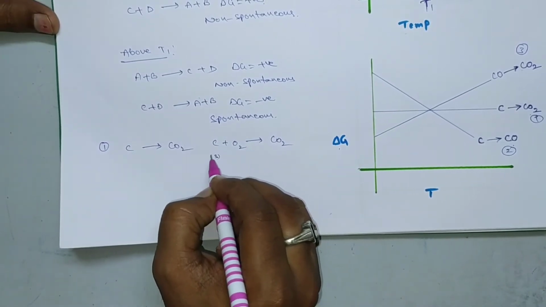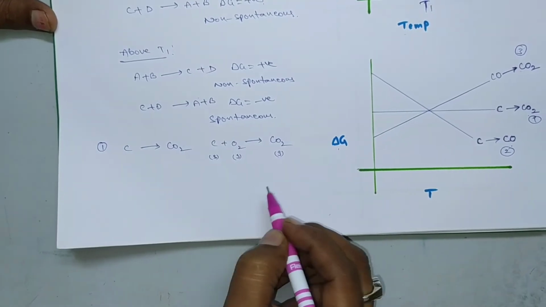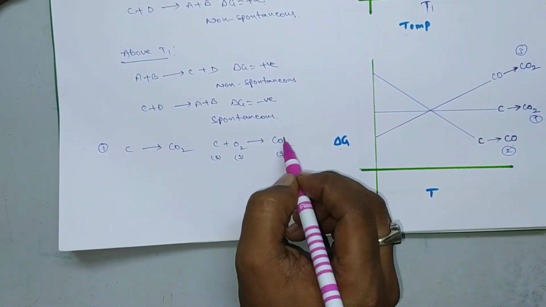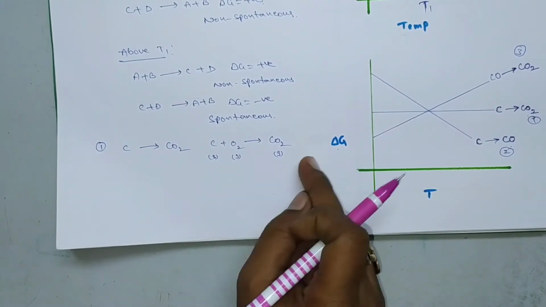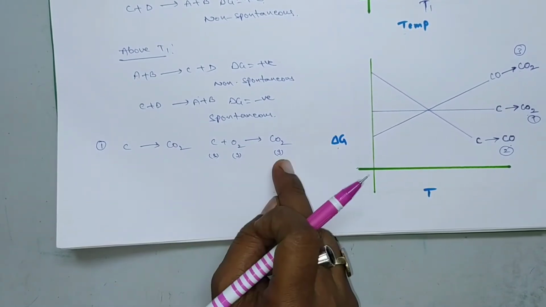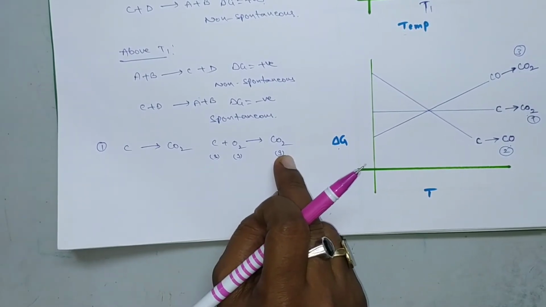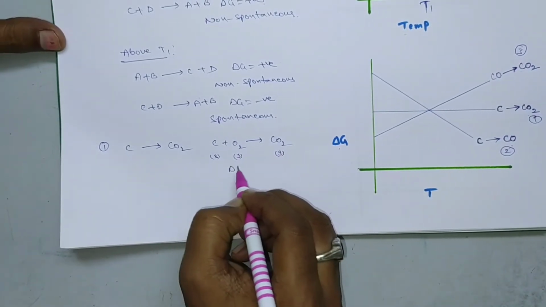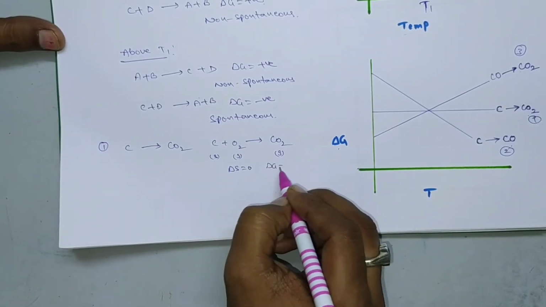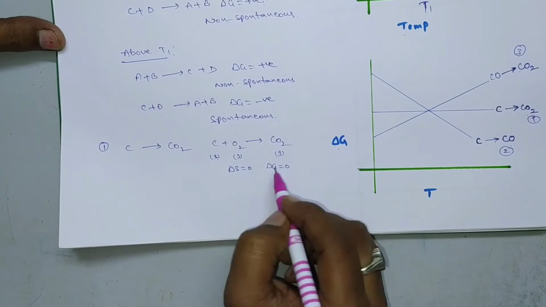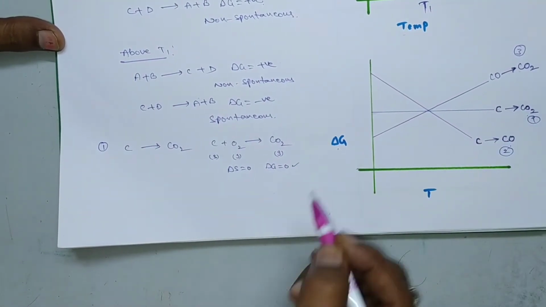Here carbon is in solid state, oxygen is gaseous, and carbon dioxide is also gaseous. So 1 mole of gaseous molecule converts into 1 mole of product molecules. That means there is no change in the number of moles of gaseous molecules, so the randomness of the molecules does not change. That means delta S will become 0. If delta S is 0, then delta G will become 0. That's why for this reaction, the Gibbs free energy curve is flat at 0.